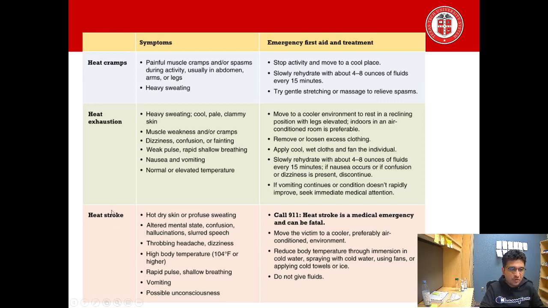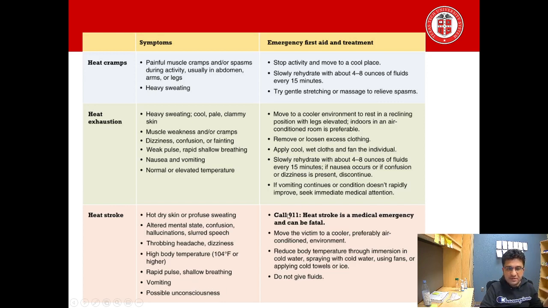So it means that you are landing into a heat stroke, and this is the active involvement of central nervous system symptoms. You have altered mental state, dizziness, confusion, slurred speech, your orientation is not proper, and you have high temperature, your pulse is really high, you might have vomiting, and sometimes you lose consciousness, because once these CNS symptoms exceed the coping capacity of the body, you are going to lose your consciousness.